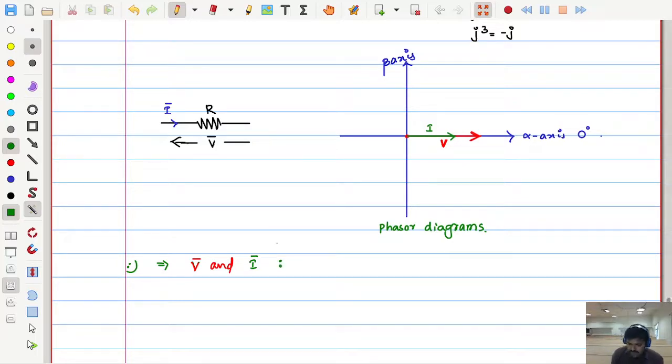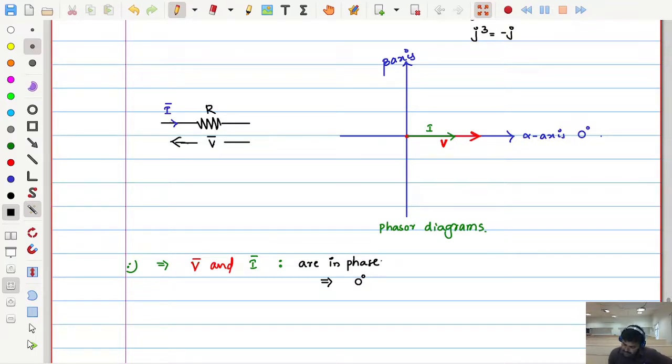That nature we call voltage and current being in phase. In phase in the sense that the phase angle of voltage and the phase angle of current are the same, which means the phase difference between them is 0. In phase means 0 degree. Clear?